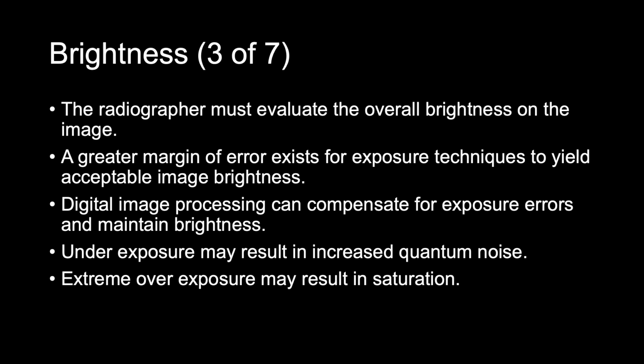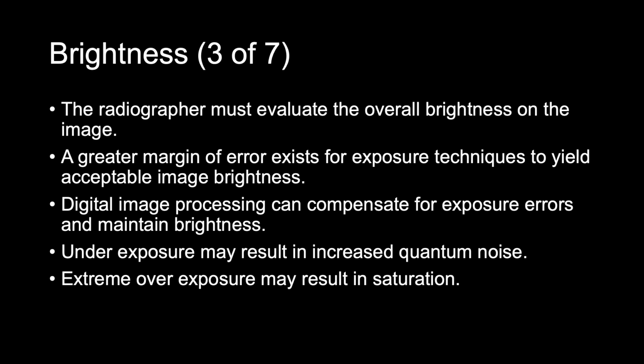We can post-process, and we are able to change the brightness and the contrast of an image, but sometimes the image is just too light or too dark to where we're not able to post-process and change any of these factors. Digital image processing can compensate for exposure errors and maintain brightness.